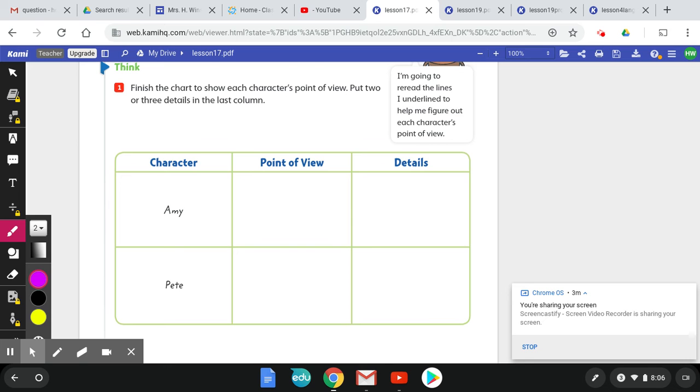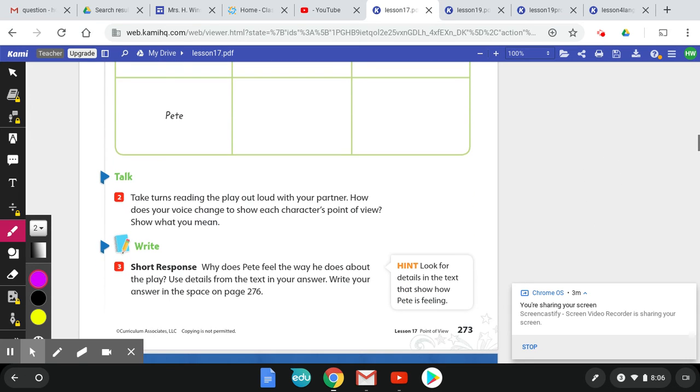And if you look at the bottom of this, again, we would be talking to our people in our class. And I hate that we don't have that, but you can think aloud. You can talk to someone in your house if you have someone there helping you right now. It says take turns reading the play out loud with your partner. How does your voice change to show each character's point of view?